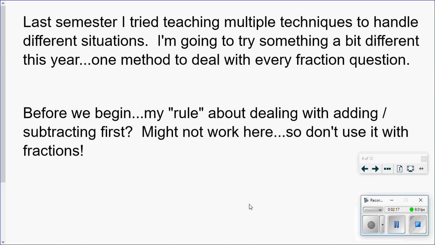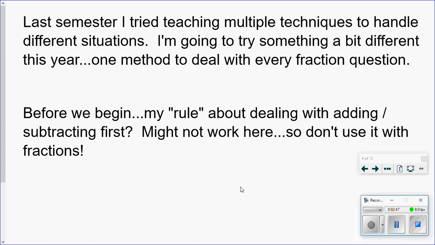So this year, I want to try teaching one method that will handle every situation so that even if you're not comfortable with fractions, you can still do this. And as I said earlier, the first step is to make the fractions go bye-bye. We don't want to see the fractions. We don't like fractions. We don't want to deal with the fractions. So let's make them go bye-bye. And I'll show you how to do that in a minute.